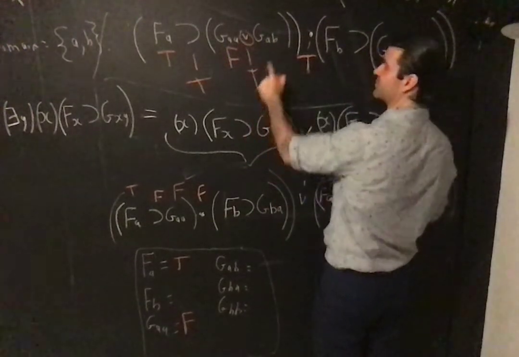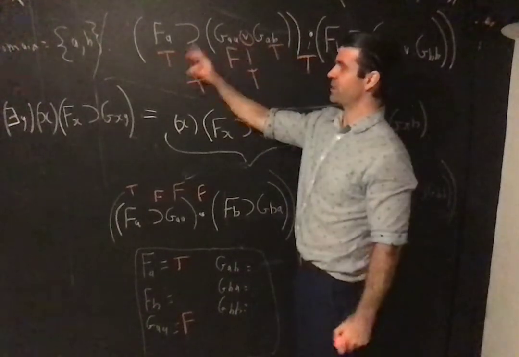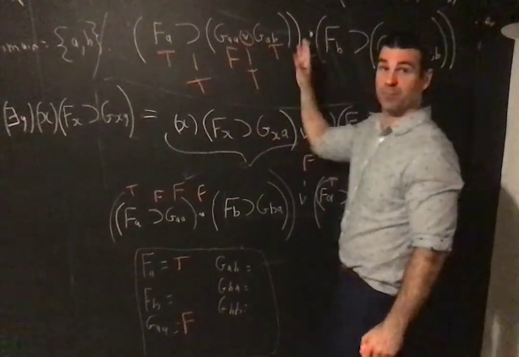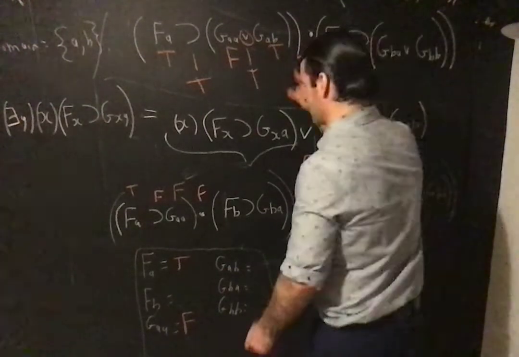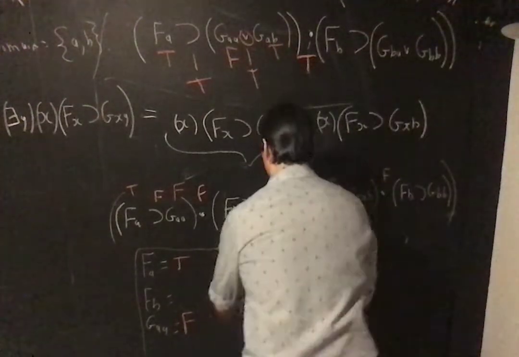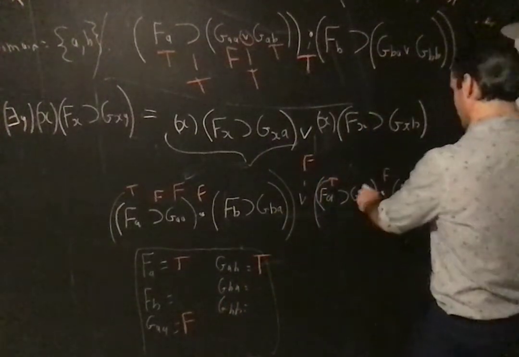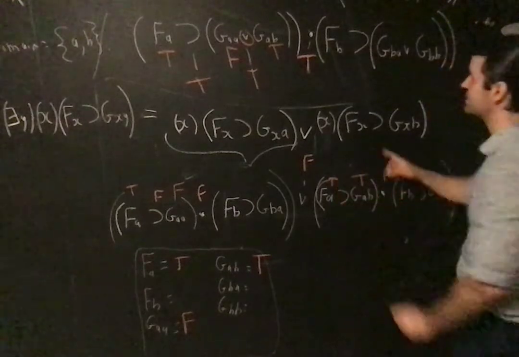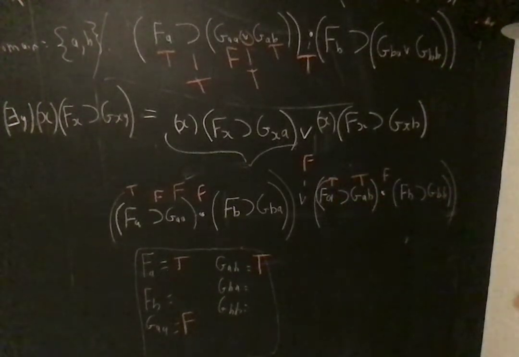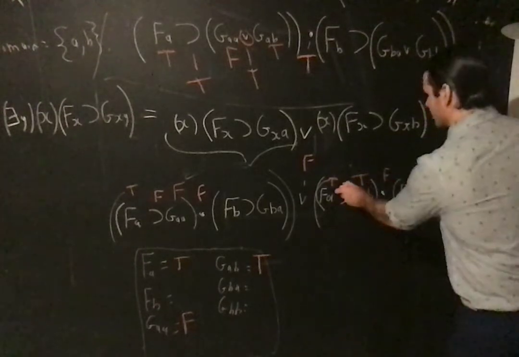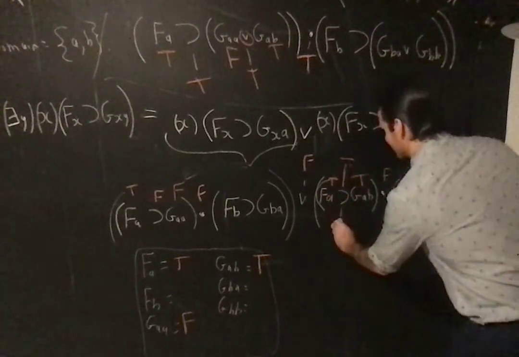How do we do it? We have to make this true, because otherwise, if that's false, we get T hook F, which makes that false, and the premise would be false, and we wouldn't have a counterexample. Good. GAB is true here. That's the only other place GAB occurs. So that means that this is true.